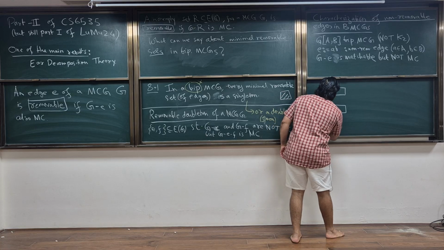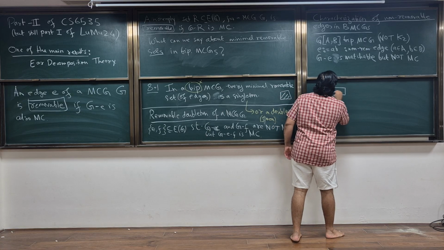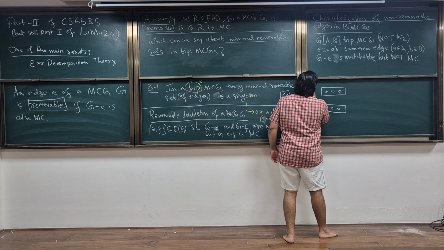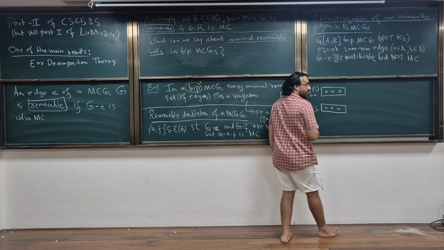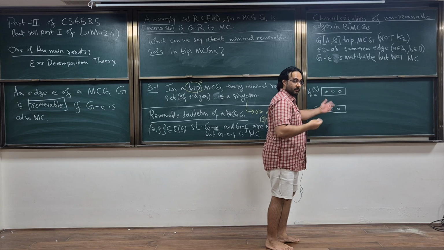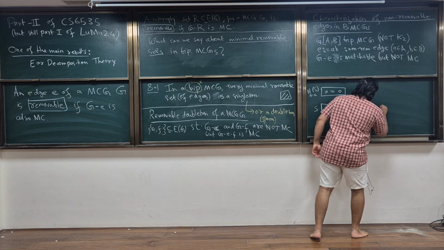So supposing this is my set S, this is the neighborhood of S in G minus E, and this is not the whole set, so therefore there are more vertices here.